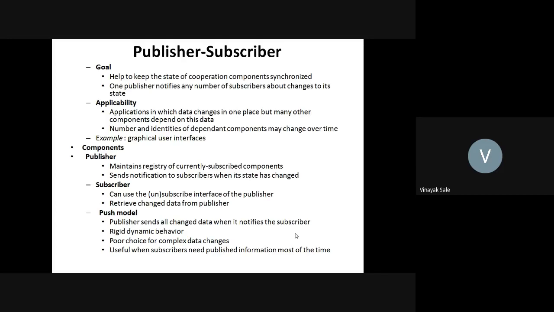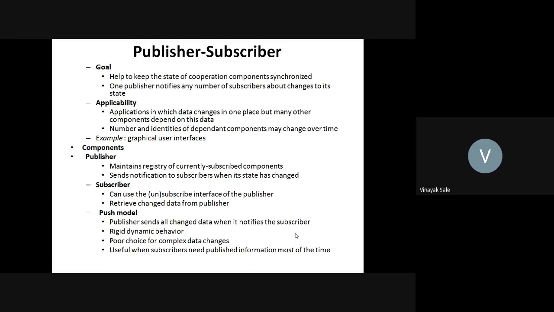Applicability: applications in which data changes in one place but many other components depend on this data. The number and identities of different components may change over time. For example, a GUI, that is graphical user interfaces.